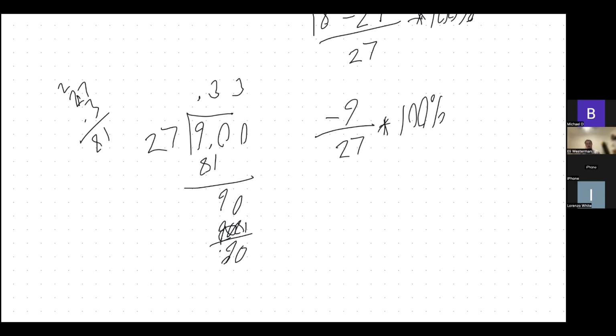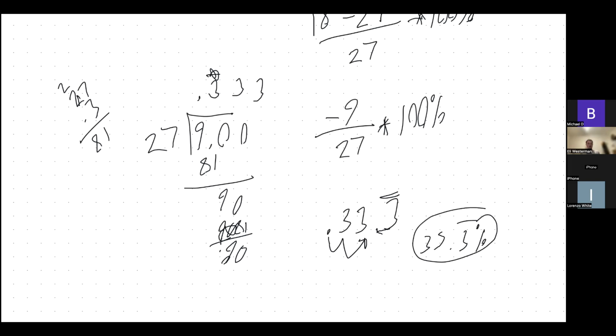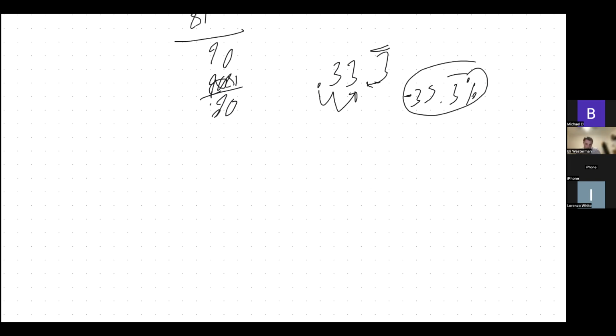So we can just say 3 endlessly. But for the purpose of a percent, let's say 0.333. Now let's move the decimal 2 places. This one's repeating, so 33.3% repeating. And we have to remember this is a negative, because it's getting fewer.